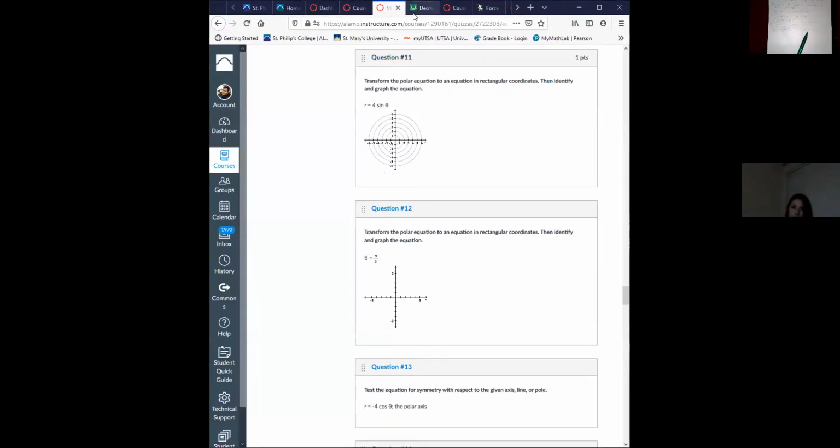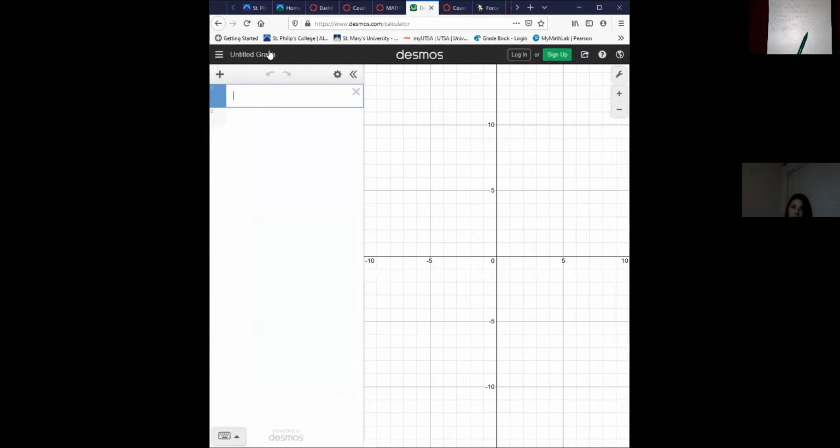Can you guys see the graphing thing? Yes. Okay. R equals 4 sine theta. Should be something basic. Yeah, just a circle.